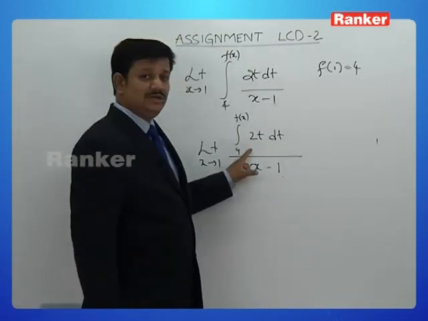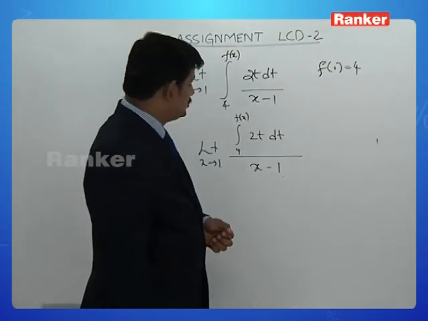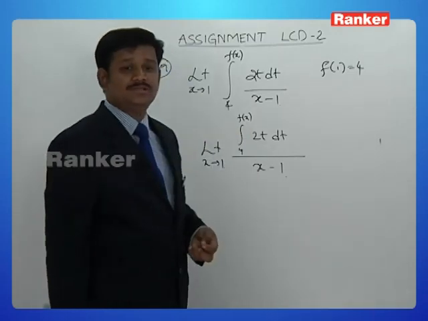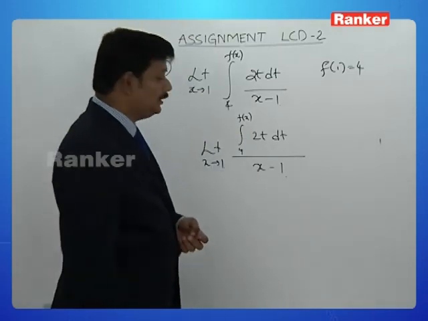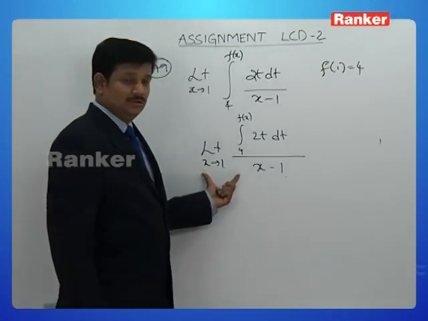So, the numerator is tending to 0, the denominator is tending to 0, this is a 0 by 0 form, and in order to evaluate this 0 by 0 form, let us go for Newton-Leibniz rule and also L'Hospital rule.